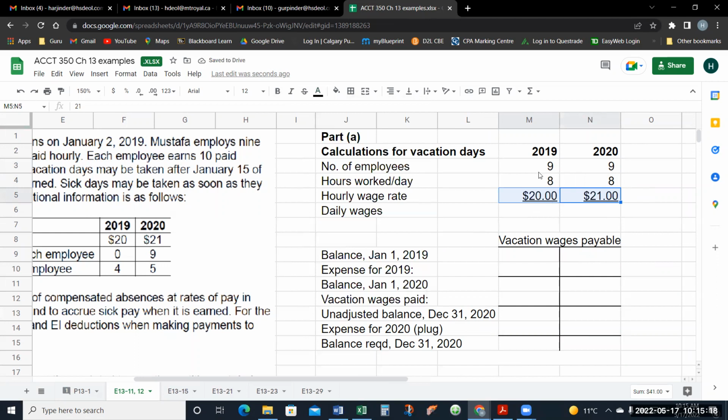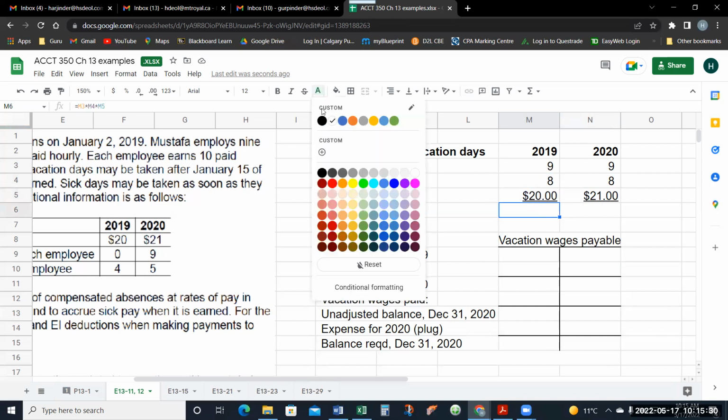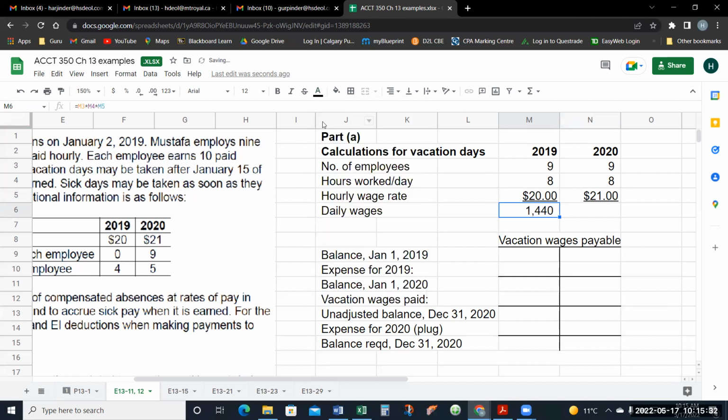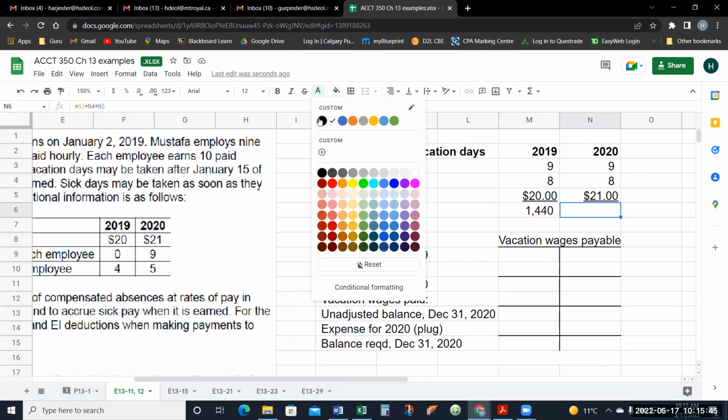So what are the daily wages for all the employees? 9 employees, 8 hours worked, $20 an hour. So 9 multiplied by 8 multiplied by 20 works out to daily wages for all the employees together of $1,440. You do that math for 2020, it's 9 employees, 8 hours a day, $21 an hour, we get $1,512.